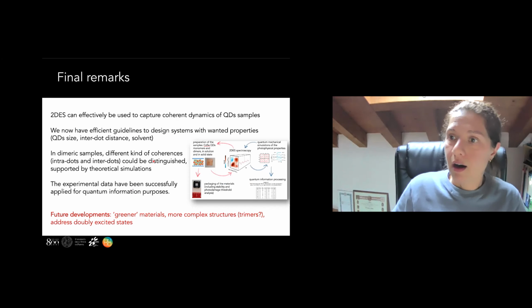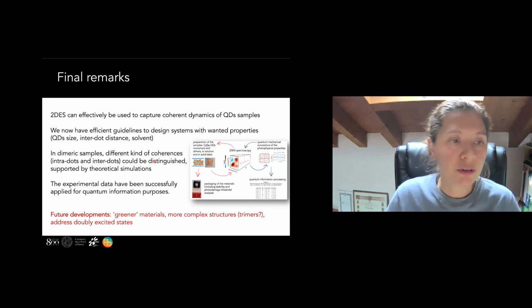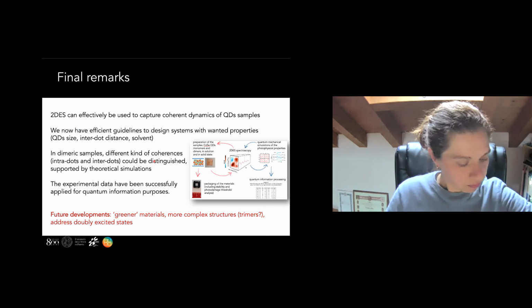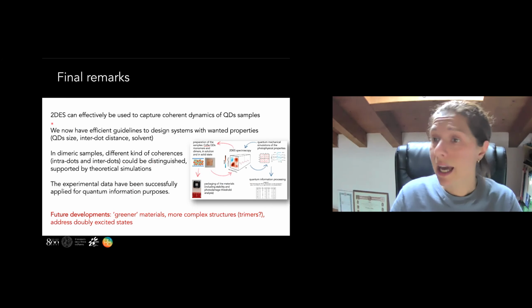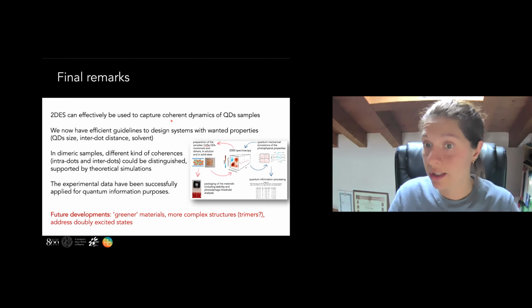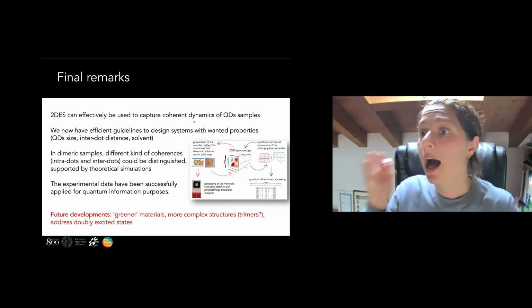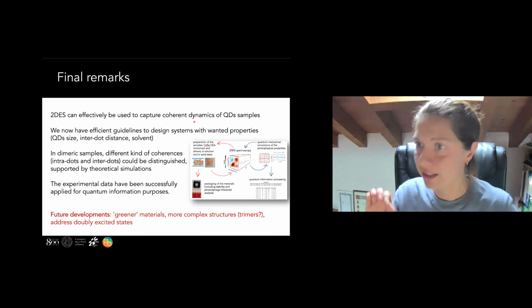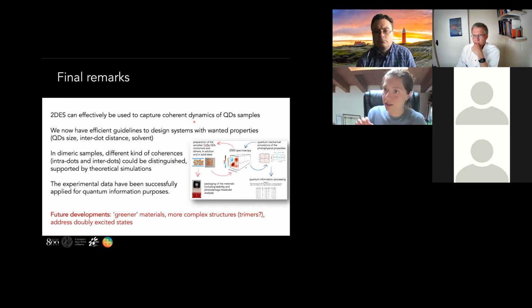Okay, with this, I would like to conclude with a few final remarks. 2D ES can really be used to study coherent dynamics in quantum dot samples under specific conditions. The simulation and our experimental works highlighted that you need a specific condition in order to be able to measure such coherences.